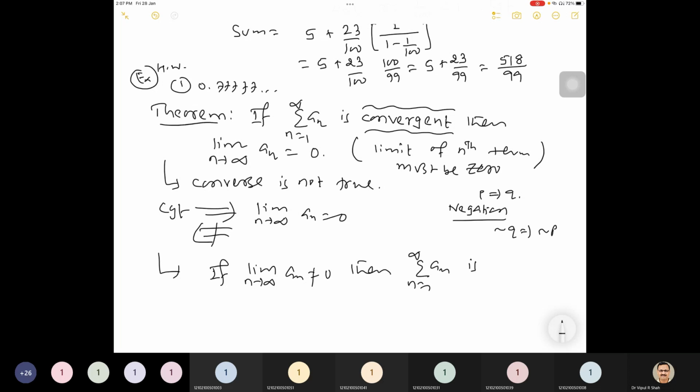Yes, sir. So if limit n tends to infinity an is not 0, then series n equal to 1 to infinity an is not convergent. And not convergent means divergent. Okay.